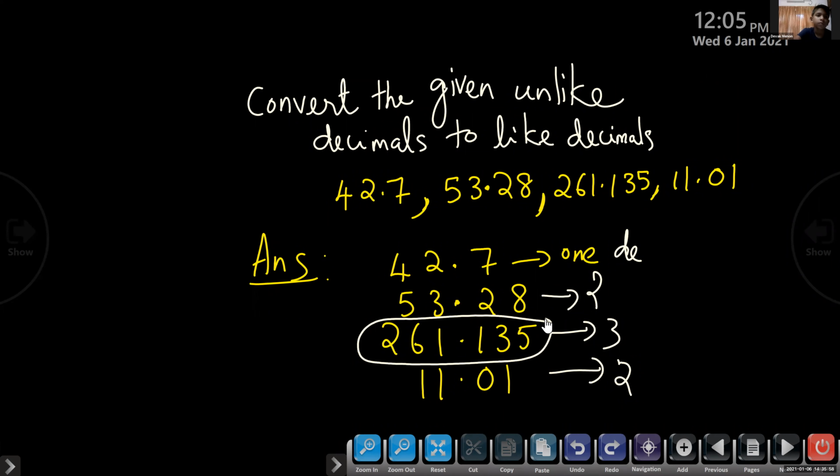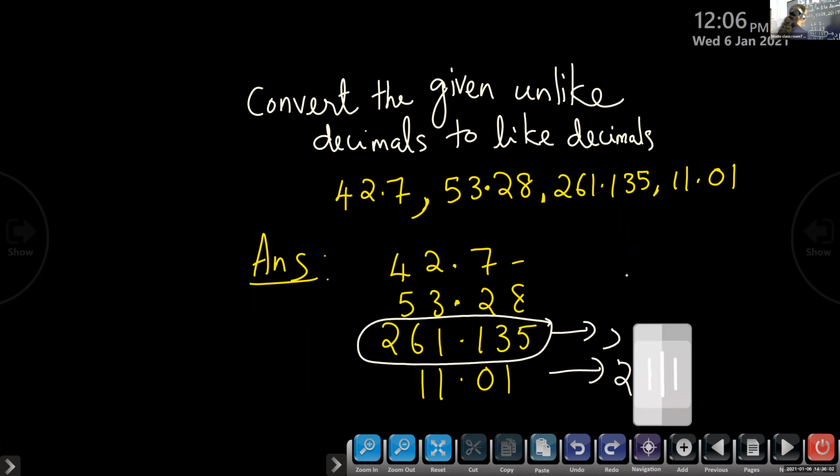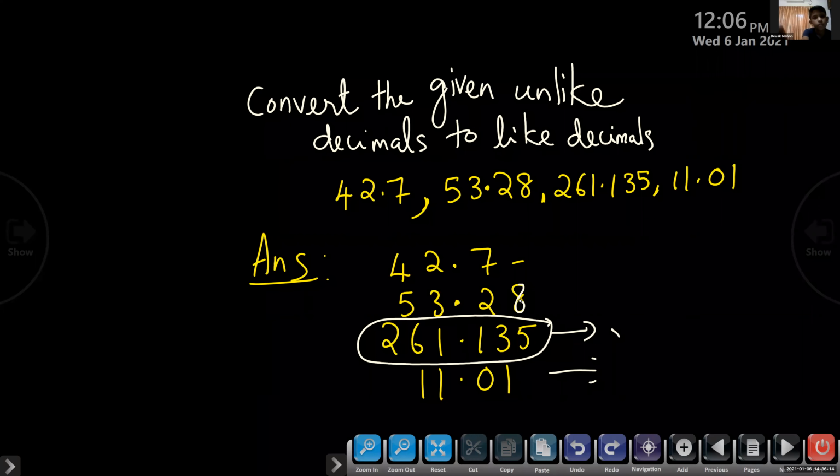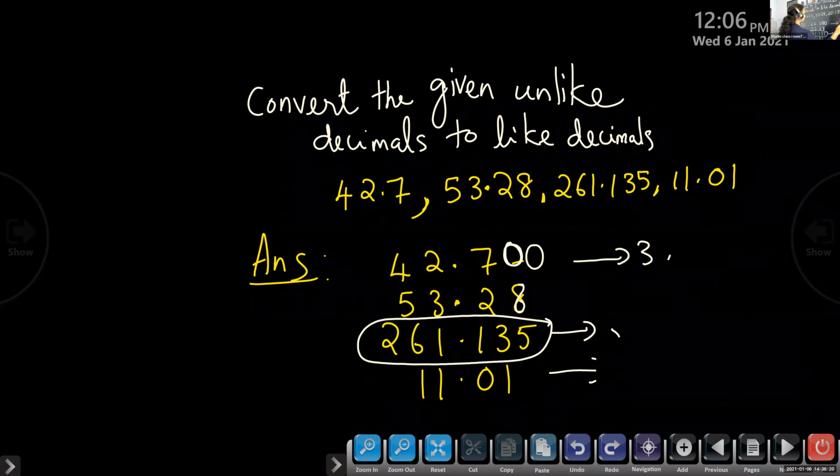So we have to make all other numbers have 3 decimal places. So what do I have to do? Add zeros to the right side. So 42.7, how many zeros do I have to add? 2 zeros. When I add them here, it becomes 3 decimal places.